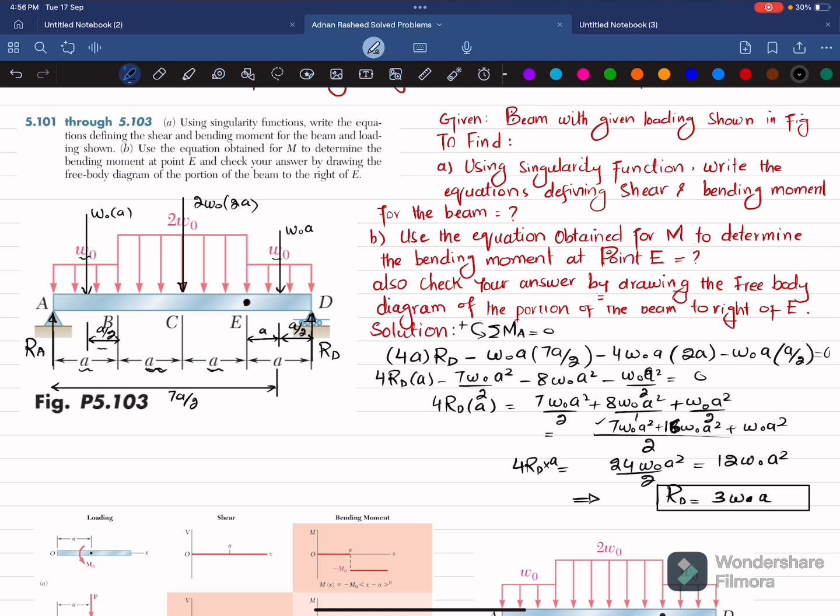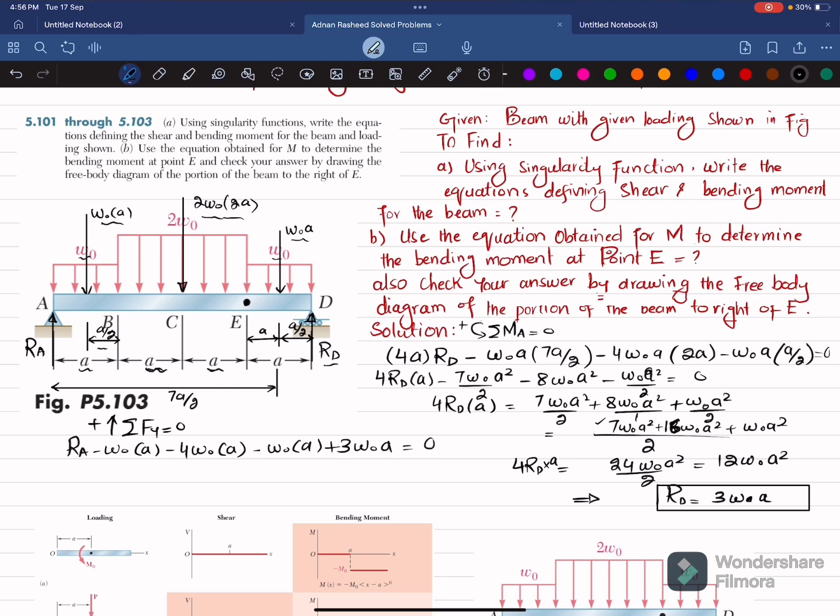Now we'll find this RA by using the equation of equilibrium, that the sum of all forces along the y direction is equal to 0, and upward force is taken as positive. So we do not have R. So RA minus this W naught into A, minus this 4 times W naught into A, and this minus W naught into A plus this RD, which is plus 3W naught into A, is equal to 0.